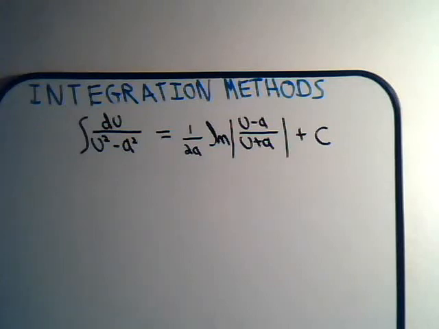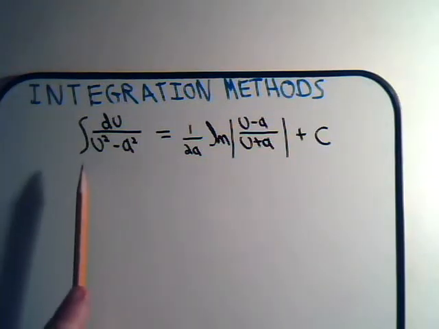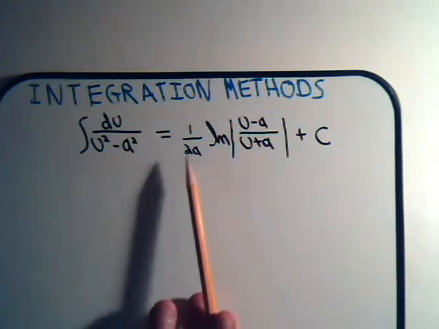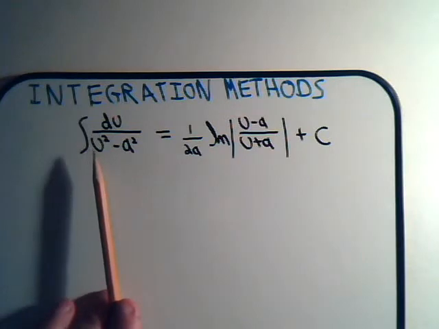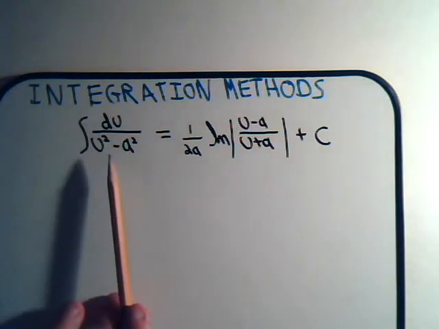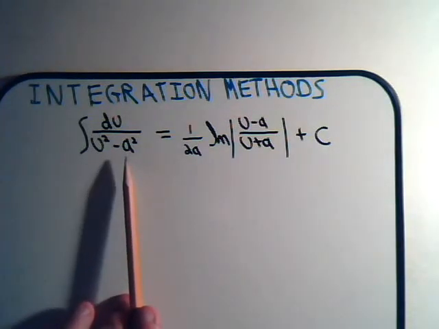Okay, in the last video, we had solved this integration problem using partial fractions, and this is the answer that we obtained. But we realized that partial fractions is not the only way to solve this integral. Here we have a variable squared minus a constant squared.